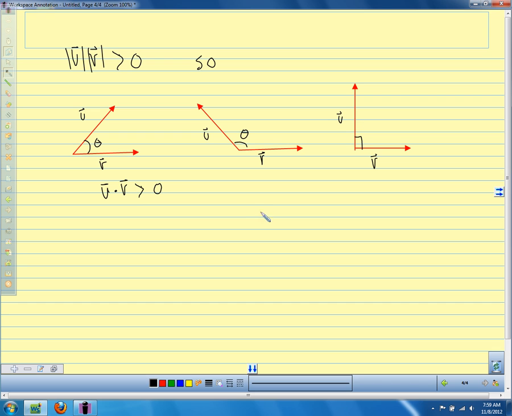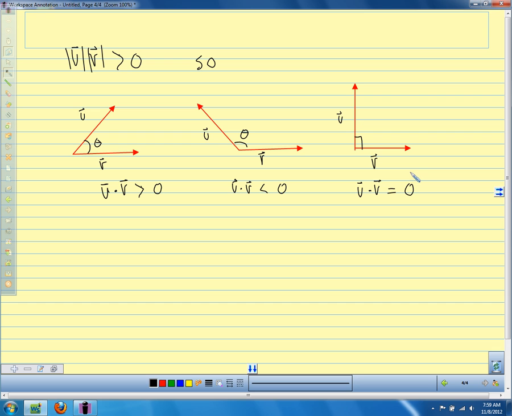Our cosine is positive, and the magnitude of u and the magnitude of v are always positive. If we have an obtuse angle, u dot v is going to be negative, less than 0. And if we have a right angle, u dot v is going to equal 0. So if our dot product is 0, that tells us our vectors are perpendicular to each other. So we can look at the sign of the dot product and figure out something about the angles.